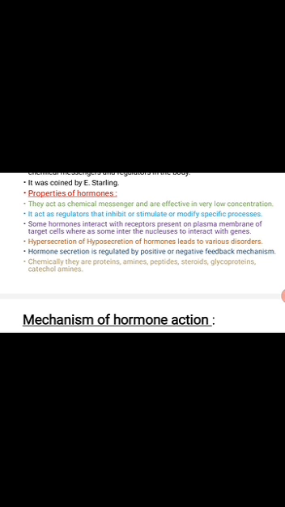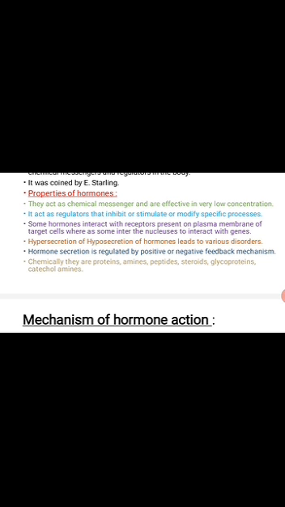First, they are required in very small quantity. The second is that they may act as inhibitor or stimulator of a particular process, or modify the process. Then the hormone may interact with a receptor, or directly enter the nucleus to interact with the gene. The next is that hypersecretion or hyposecretion of hormone leads to various disorders, and the secretion of hormone is itself regulated by a positive or negative feedback mechanism.